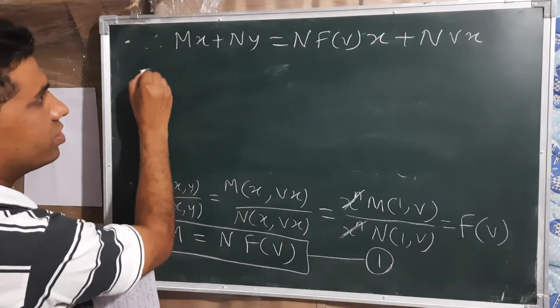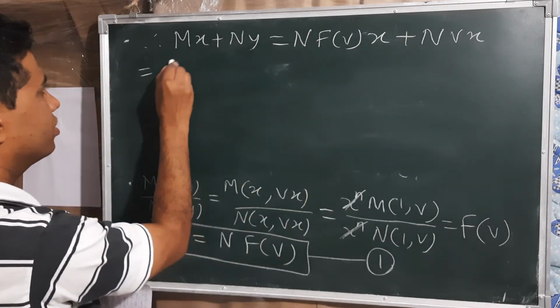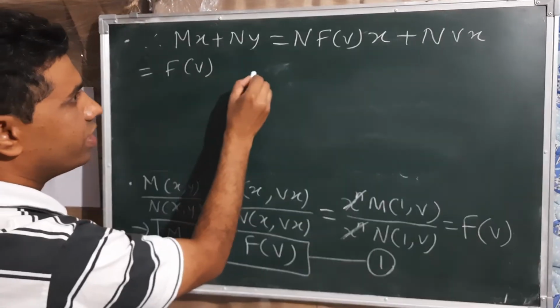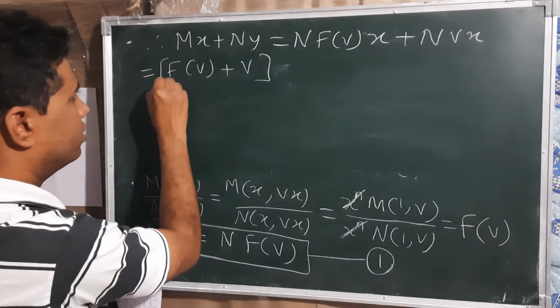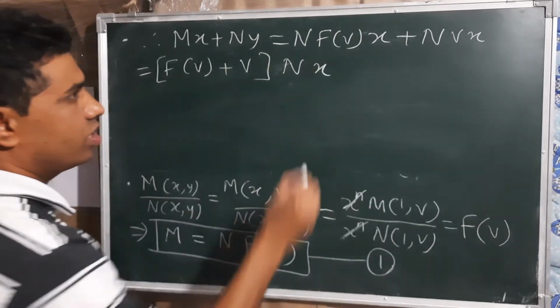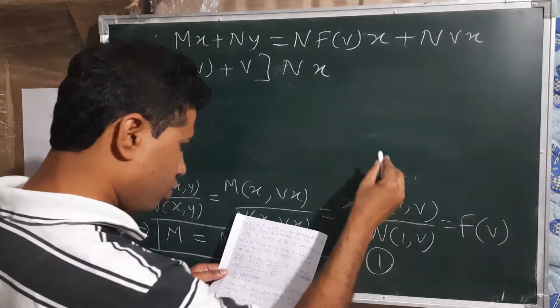So N x is common: F of v plus v into Nx. So this is number 2.